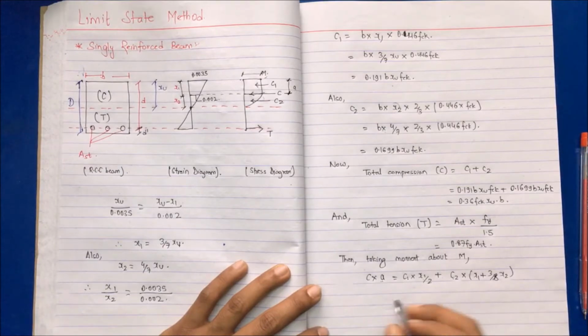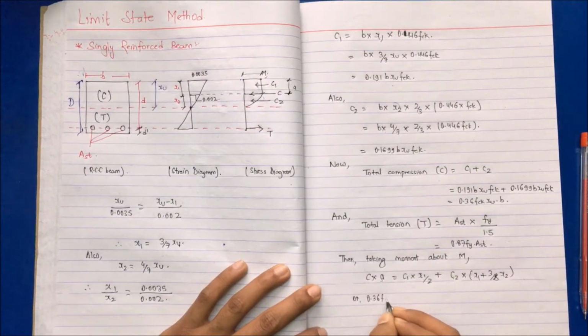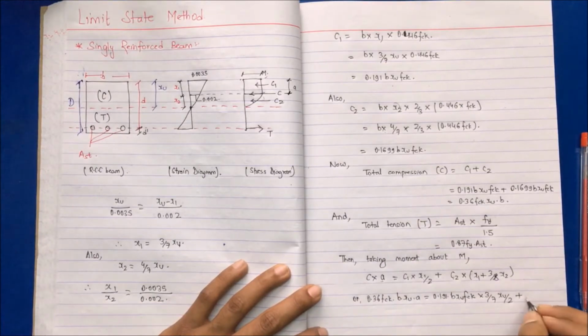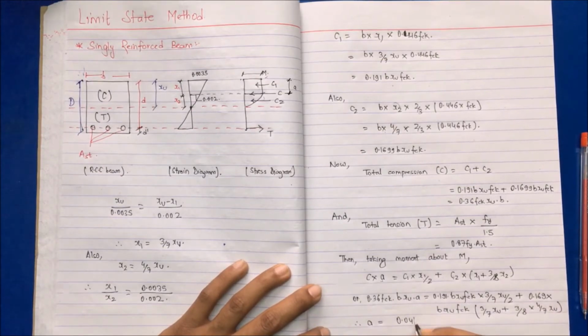Substituting the values of C, that is 0.36 FCK xu into B, and of C1 and C2, on solving we get the value of A as 0.42 xu.